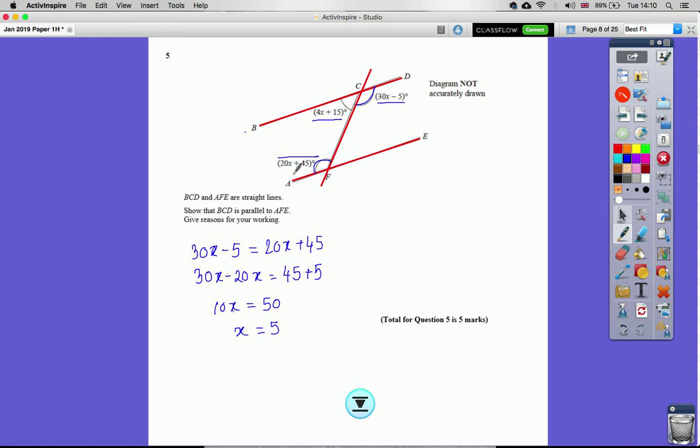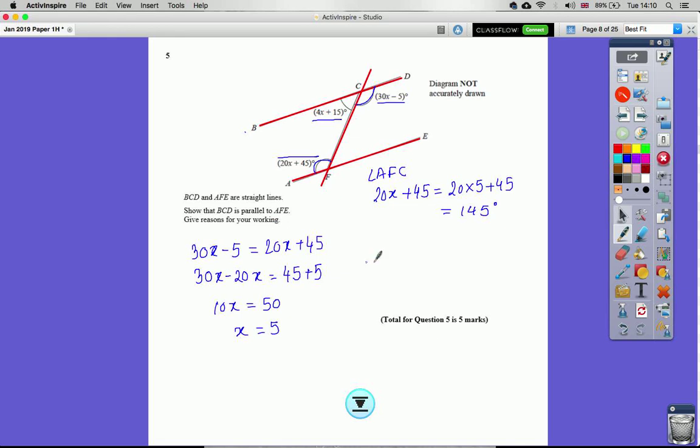Now let's try to find out the value of these angles. So this angle over here, 20x plus 45, which is angle AFC: 20 times 5 plus 45 will give you 145 degrees.